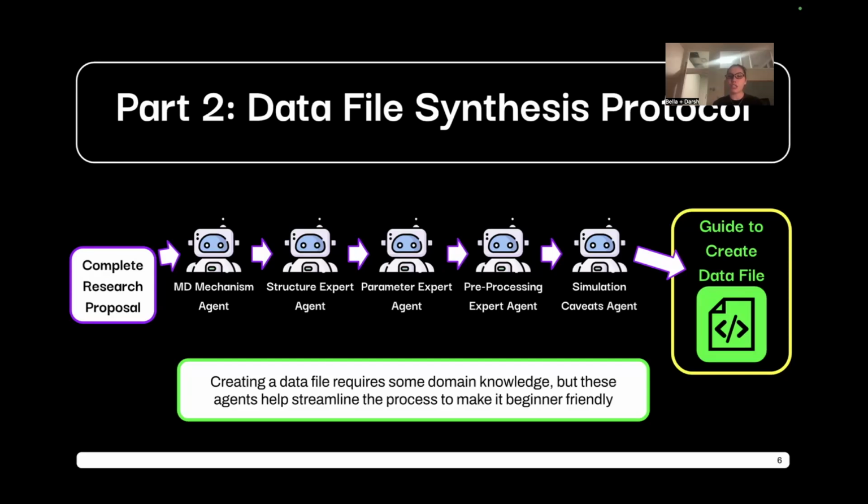And lastly, a simulation caveats agent, which predicts what possible errors might come up along this pipeline and also during simulation as it relates to the research proposal. At the end, we'll have a complete protocol for any beginner to create a data file, which generally in MD is the biggest bottleneck to beginning an MD simulation.